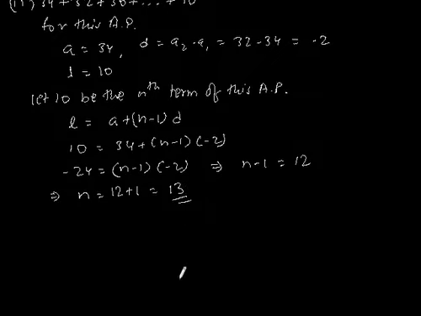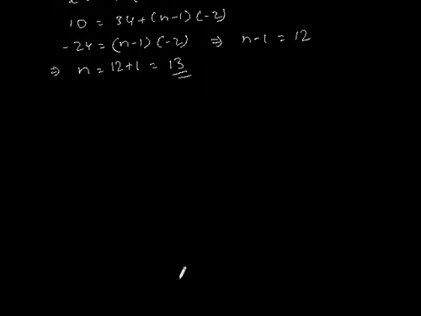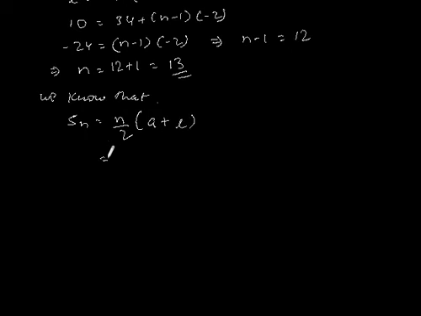Now we know that Sn is equal to n by 2 into A plus L. Putting the value, we will get 13 by 2, A is 34 and L is 10.